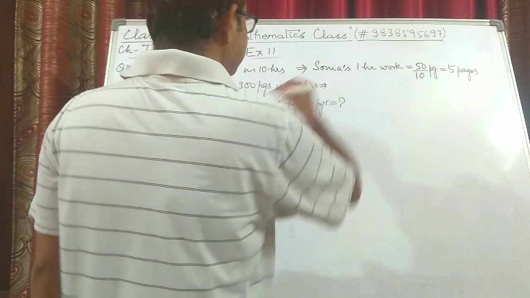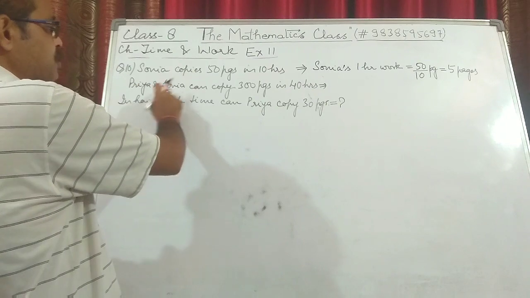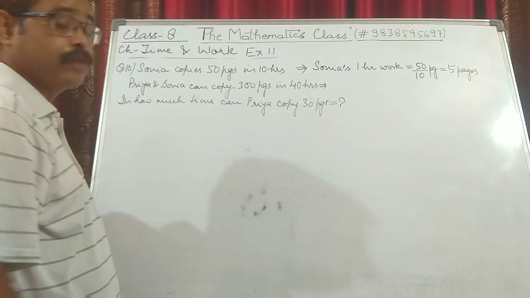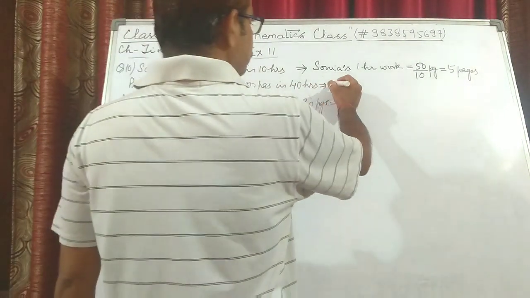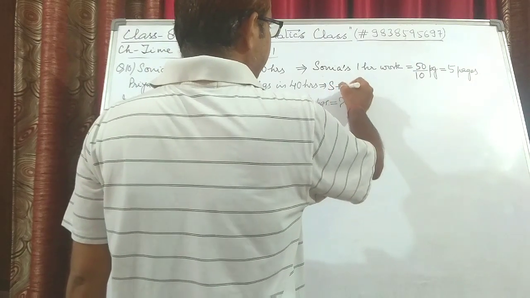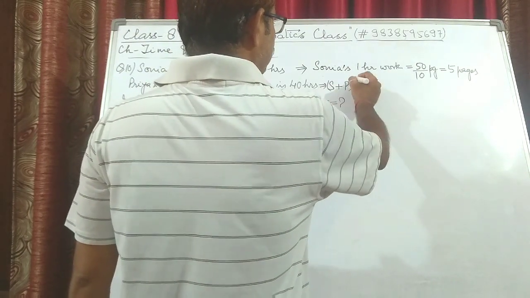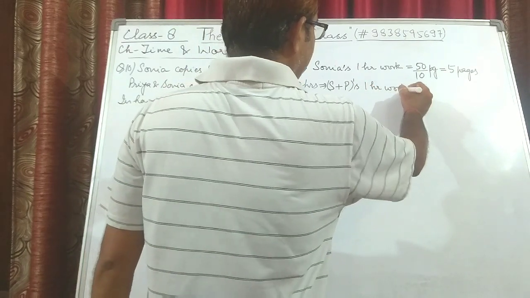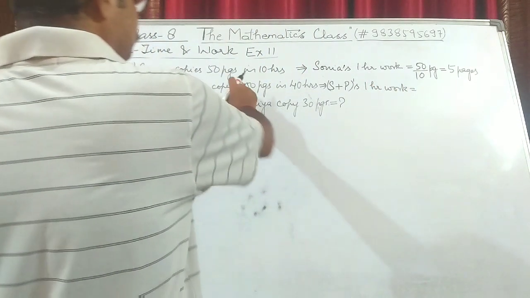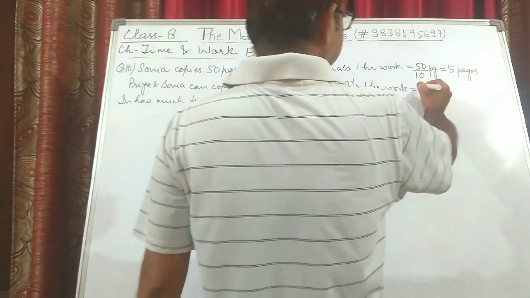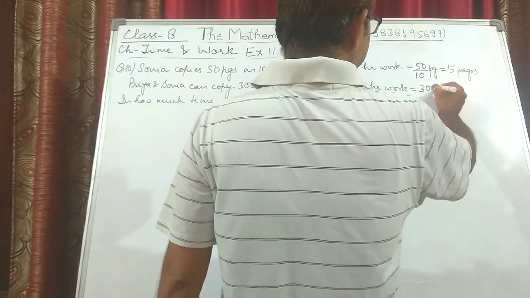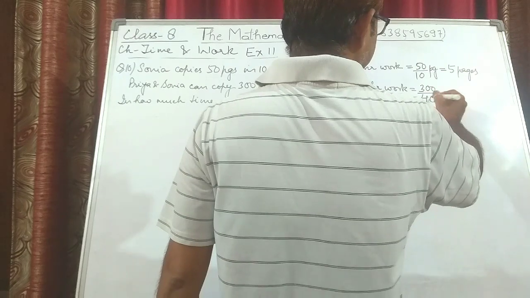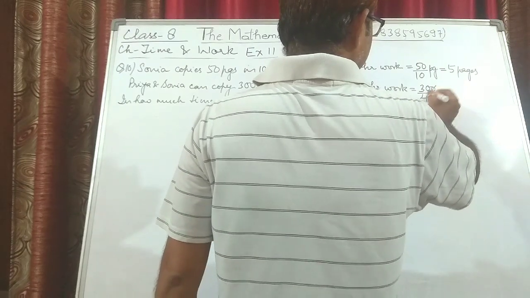And in the second statement, they say Priya and Sonia can copy 300 pages in 40 hours. So Sonia and Priya's 1 hour work will be what? 300 divided by 40. In 1 hour they will copy how much? 300 upon 40 pages. The zeros cancel.